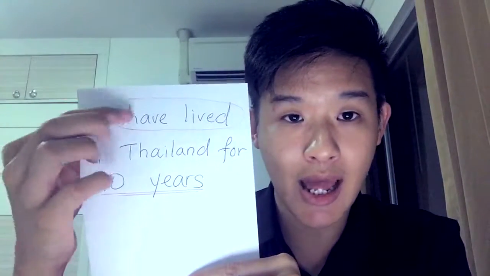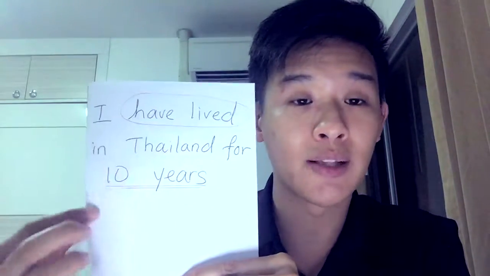You lived in Thailand for 10 years, but do you still live in Thailand? No, you don't, okay? Versus I have lived in Thailand for 10 years. Present perfect. Present. Okay? Now. I have lived in Thailand for 10 years. I lived in Thailand for 10 years and I am still living in Thailand.